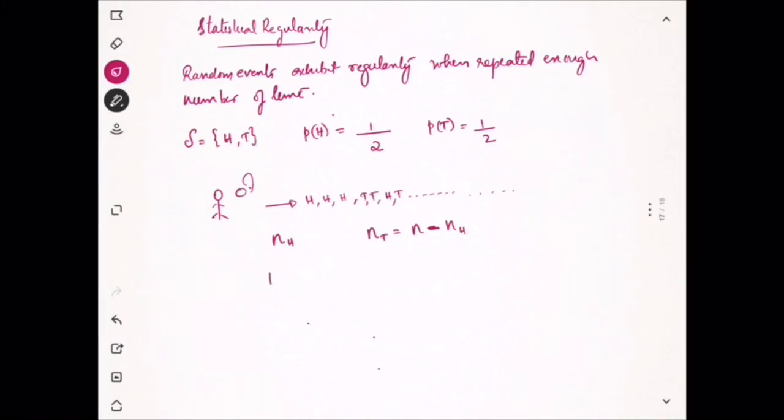Now if you are calculating this ratio, nh over n, you can see that it is converging towards 1 over 2, and the number of tails over n also will converge to 1 over 2, as n is very large.